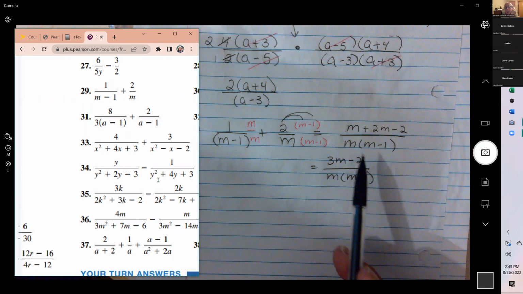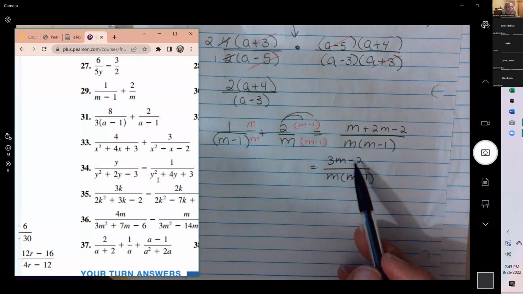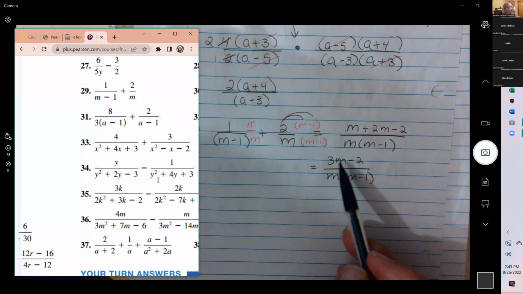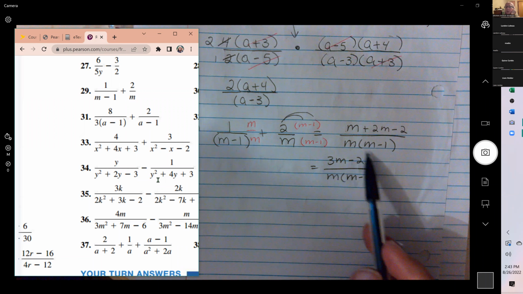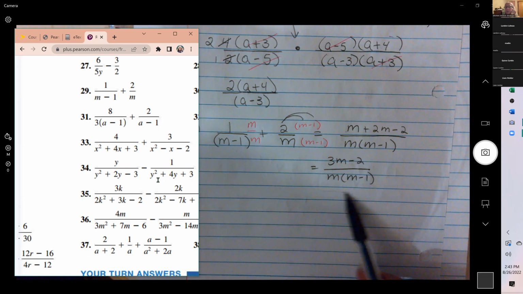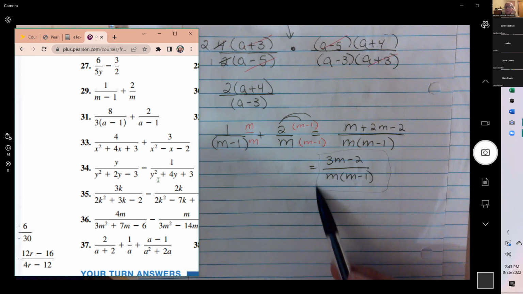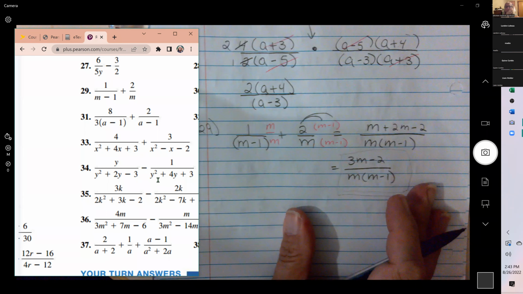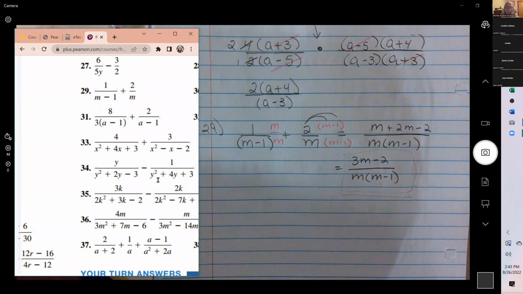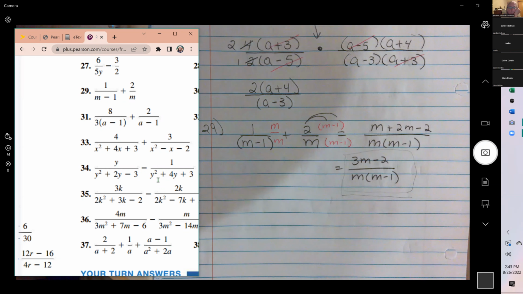You could try and factor the top. For instance, if this was a 3, we could factor out a 3 and the m minus 1s would cancel. But since this will not factor, you can leave it in this form. Any questions on that? Okay.